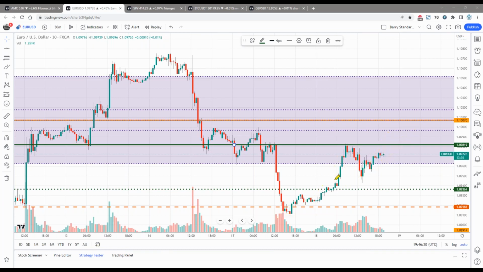Or I'm just starting to move sideways, but I'm bouncing off a support and resistance line where I could get some nice little trades in also.